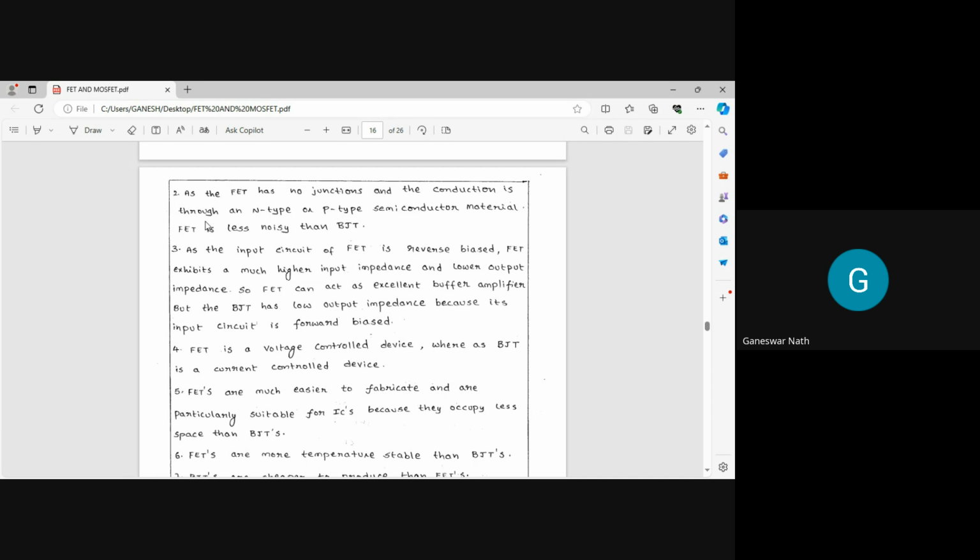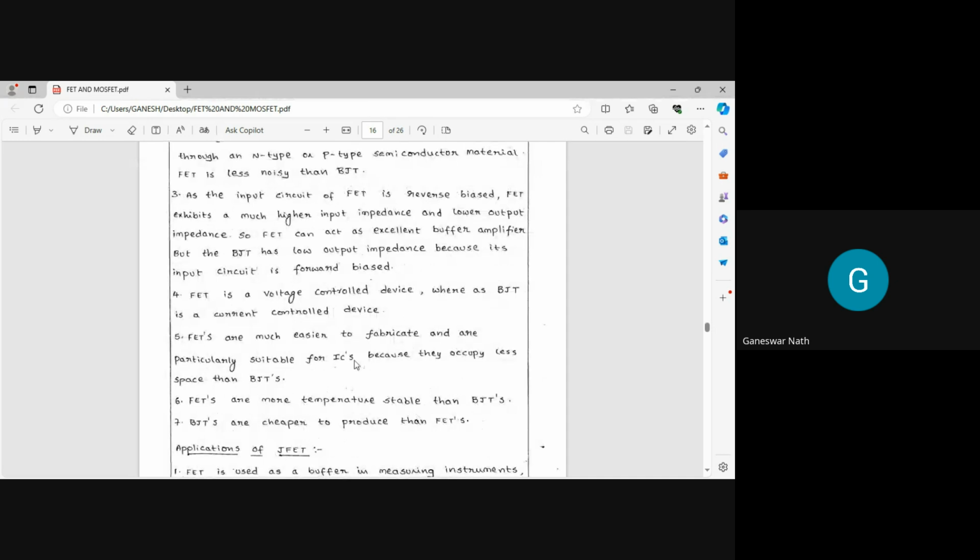So FET can act as an excellent buffer amplifier, but the BJT has a low input impedance because its input circuit is forward biased. Similarly, FET is a voltage control device, whereas BJT is a current control device. FETs are much easier to fabricate and particularly suitable for ICs because they occupy less space than BJTs.